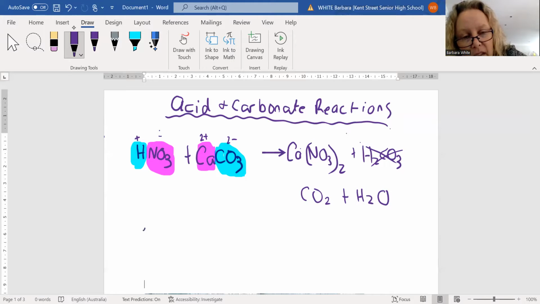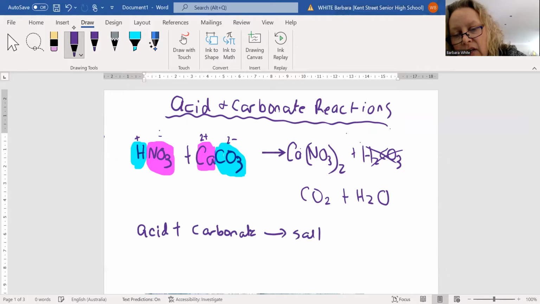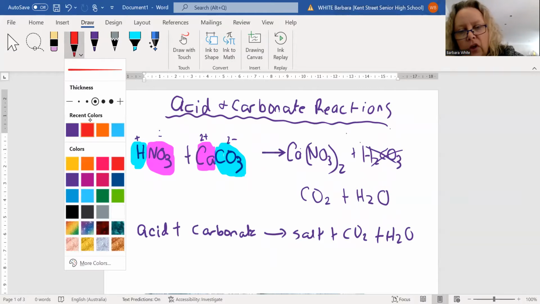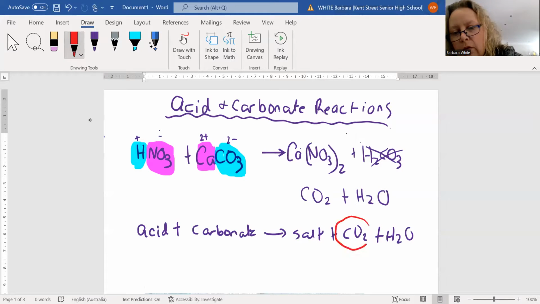So acid plus carbonate gives a salt. In this case, it's calcium nitrate plus CO2 plus H2O. So if you were going to put an acid with a carbonate, you might observe bubbles being formed, like when you open your soft drink.